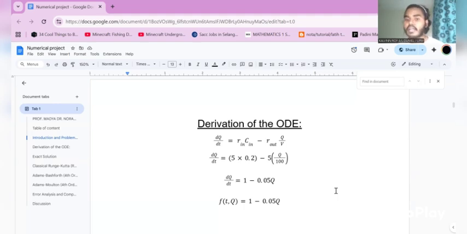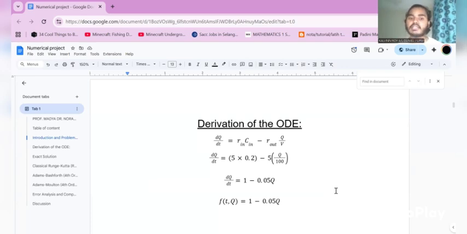Once you input the values of the inflow rate, inflow concentration, Q and the outflow rate, the derivation results in f(t, Q) equals 1 minus 0.05Q. This is a very simple linear equation, which tells us that the more salt we have in the tank, the faster it leaves through the outflow. We're going to use this function to predict the salt levels numerically.